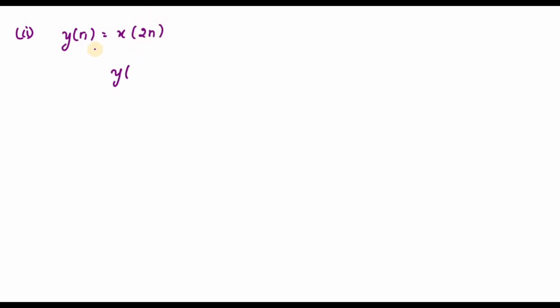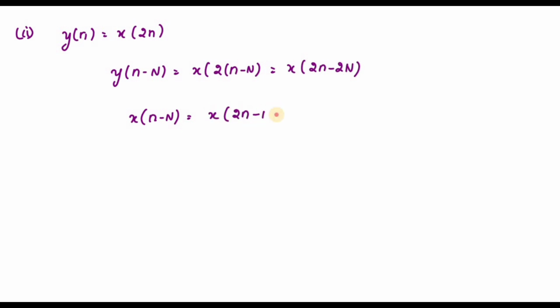Instead of t, you have to use capital N. So shifting gives x of 2n minus 2N, whereas if I replace n by n minus N in the input, it becomes x of 2n minus N. Here you can see y of n minus N is not equal to x of n minus N. So it is time variant.